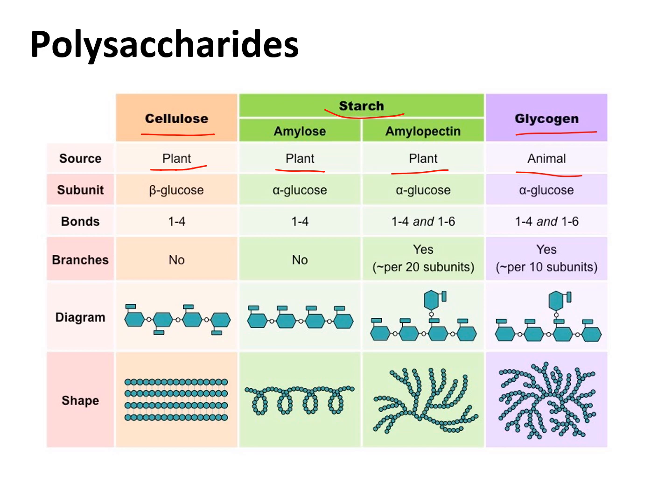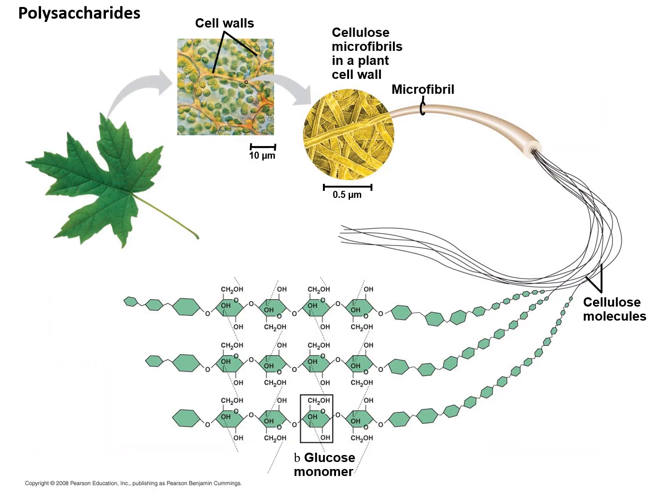But if you look at this, they are all composed of glucose, slightly different types of glucose, and the structures are different. So if you look at the shape, the structures, they're a little bit different, and that gives each type of polysaccharide slightly different characteristics, because structure is very important to function. One example of polysaccharide is cellulose.